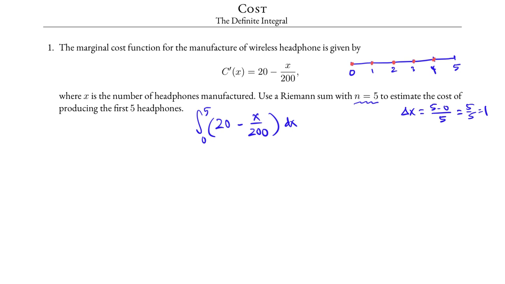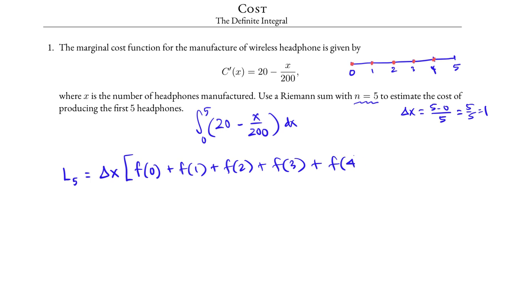So using the left sum with 5 subdivisions, we factor out delta x, and then we take f of 0, the left endpoint that gives us the height, plus f of 1 plus f of 2 plus f of 3 plus f of 4. There are 5 terms in this sum, so we stop.